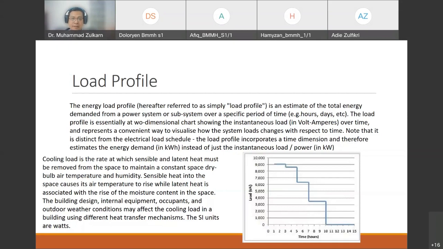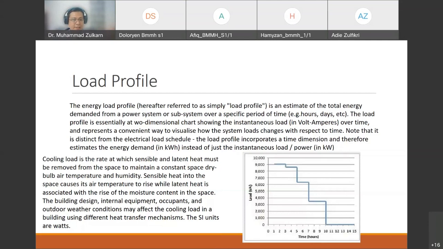Sensible heat means that we change the air temperature, while latent heat is about changing the liquid into the vapor condition at saturation. This one takes or consumes much energy to change the phase.